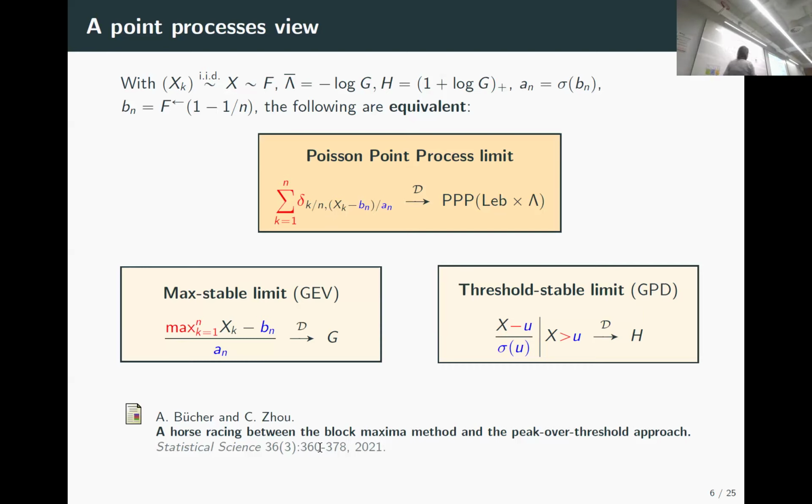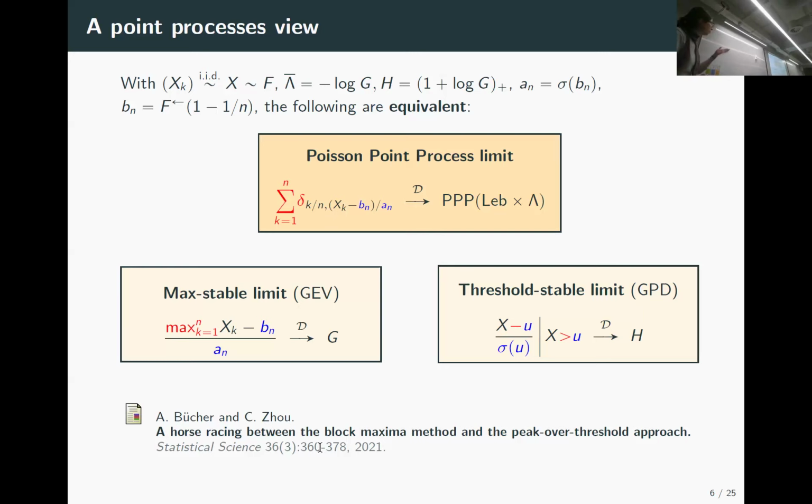You either look at blocks in which you look at the maximum, or at the peaks over a threshold. Basically, you have generalized Pareto distributions as models for those. The univariate limit when you choose a threshold is going to be approximately a Pareto distribution, and it is just a different way of selecting the data that you treat as extremes.